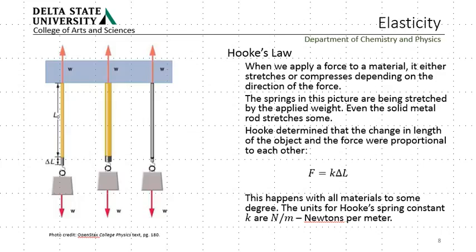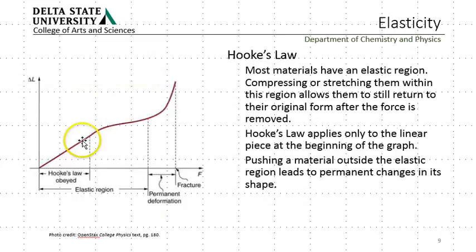Well, when we look at elasticity of materials, Hooke's law applies down in this area right here. You can go past that point and materials can sort of recover, right? They get a little fatigued, but they can recover. And then they have this place where you go too far, they deform.